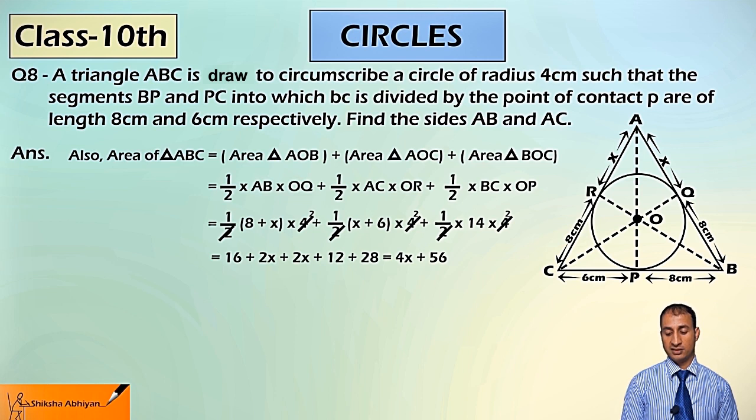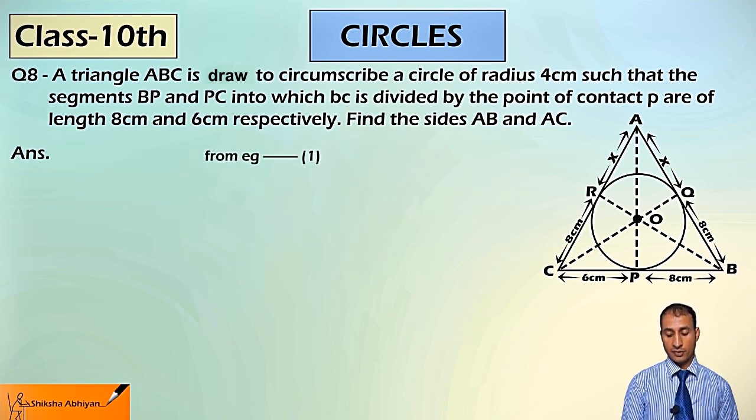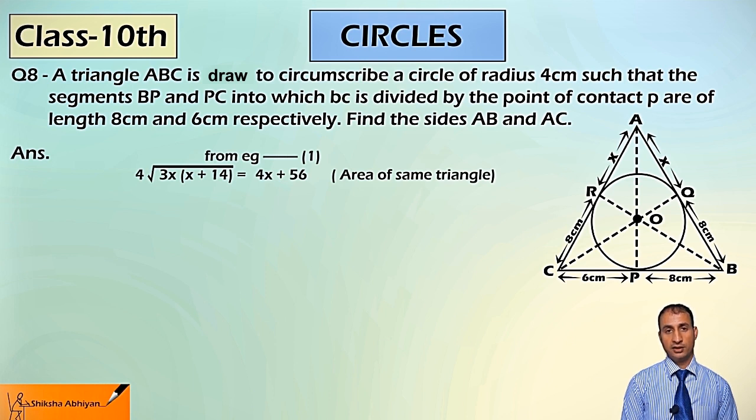So what will you get? 16 plus 2x, that is 2 into 8 plus 2 into x. Now 2 into x plus 2 into 6 is 2x plus 12. Now 14 into 2 is 28. So the sum will be 4x plus 56. This is also area of triangle ABC. Now from equation 1, 4 root 3x into (x plus 14) is equal to 4x plus 56.